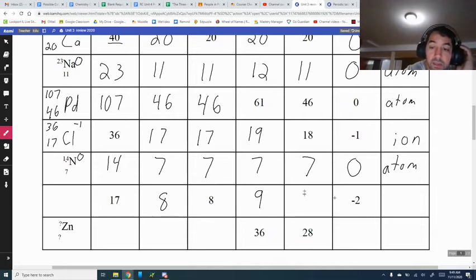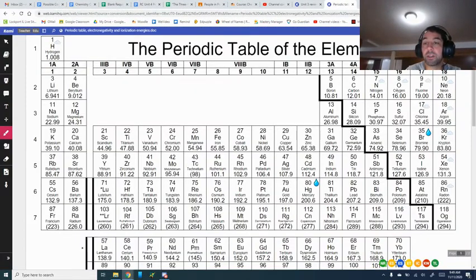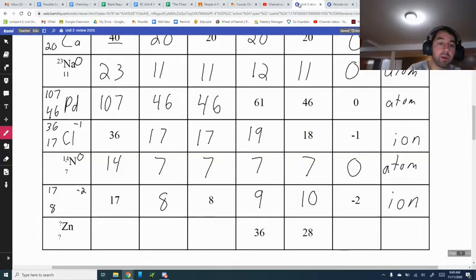So we have 10 electrons. This is an ion. And then we have to put in our charge, our mass number, and our atomic number. Then we identify atomic number 8 is oxygen, so we write oxygen in there.